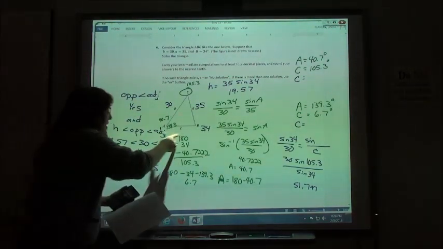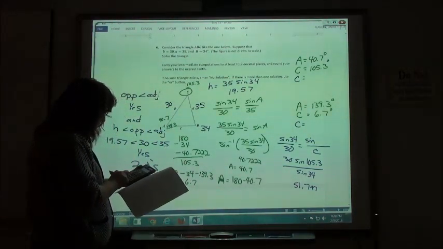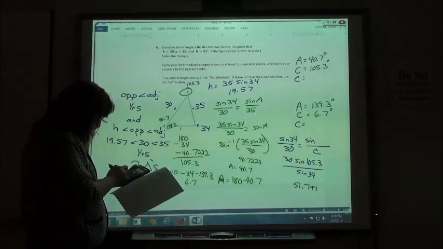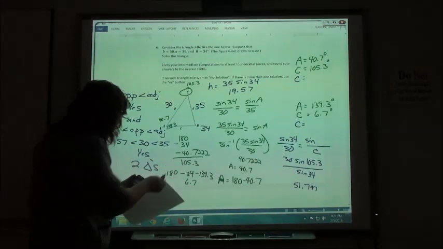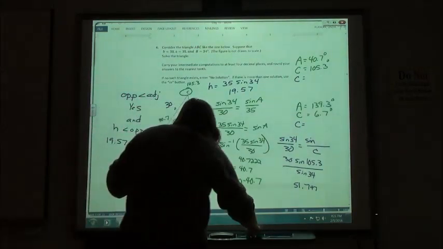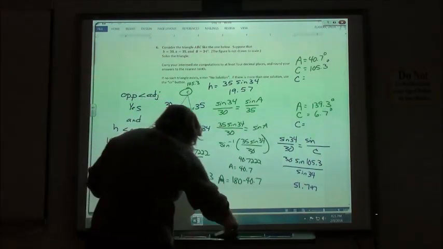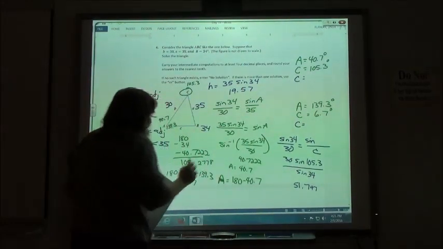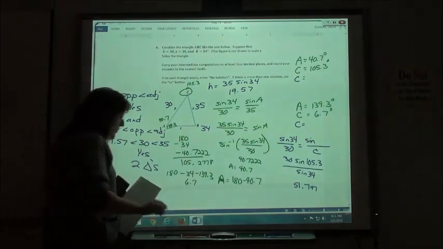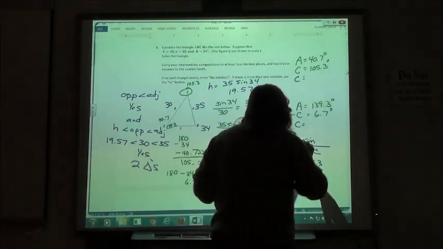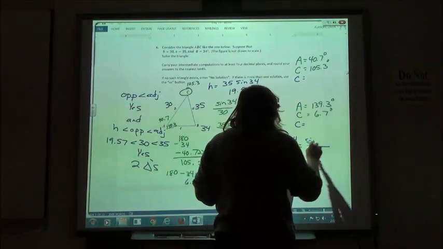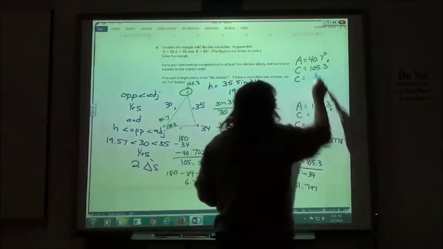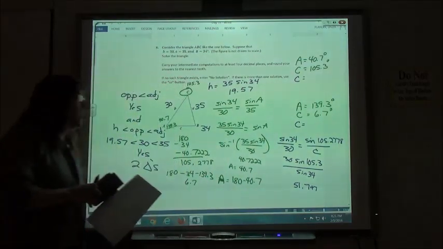So for angle C, I'm going to have 180 minus 34 minus 40.7222. And so this would have been 105.2778, carrying it to 4 decimal places. So when I did my problem over here, I should have used 105.2778 instead of using the 105.3.